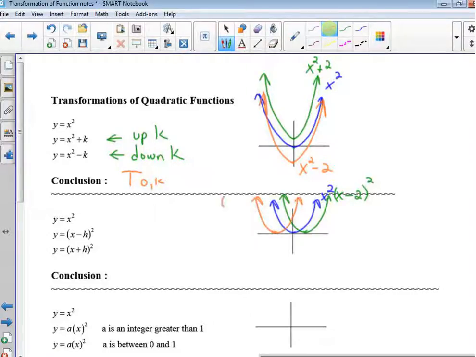So maybe that's x plus 2 quantity squared. So this one that we just did went to the left, h. This one goes to the right, h. So that one was a translation of left and right, h whatever, and up 0. So h is whatever number that it is.